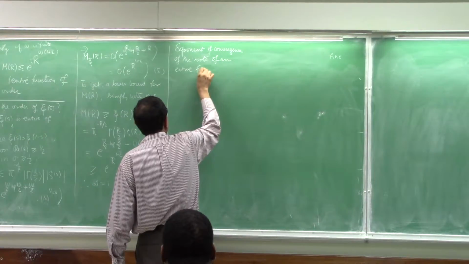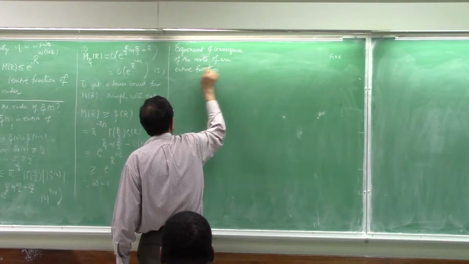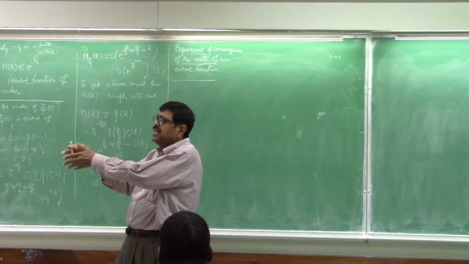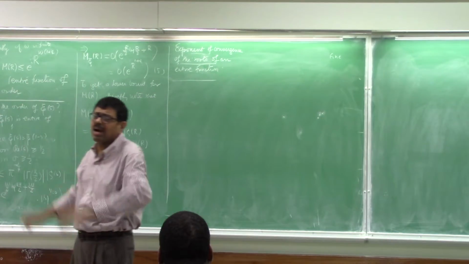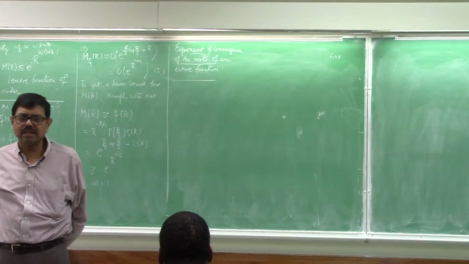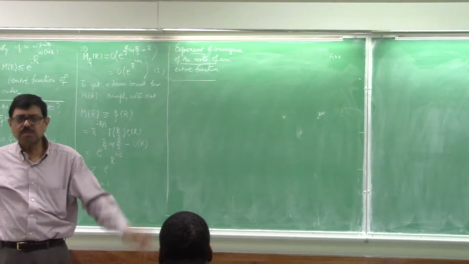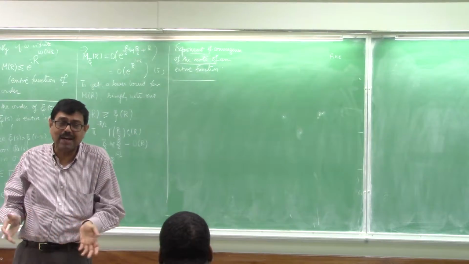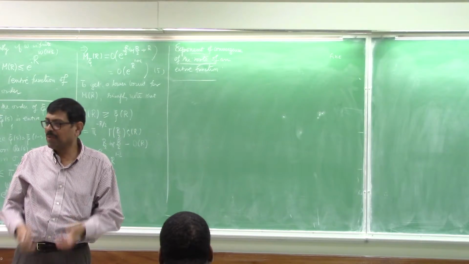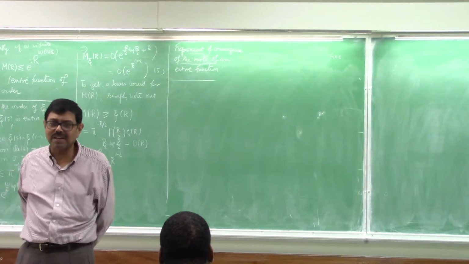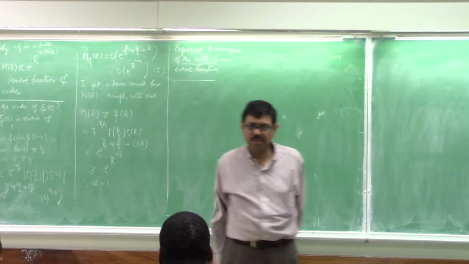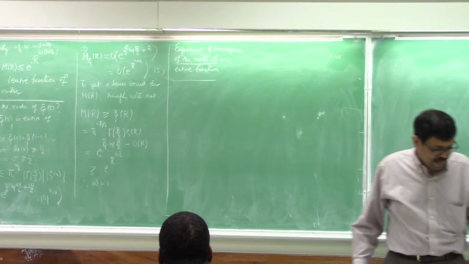By the way, when we talk about roots of the entire function, we can actually take any entire function and solve f of z equal to any complex number z0 that you like. That is simply the roots of f of z minus z0 equal to 0. So whatever I say here applies not just to f of z equal to 0, but for the values that you get by solving f of z equal to z0 for any z0. Right? Because I look at the difference, I have an entire function.